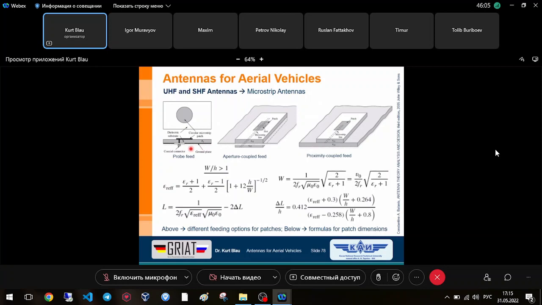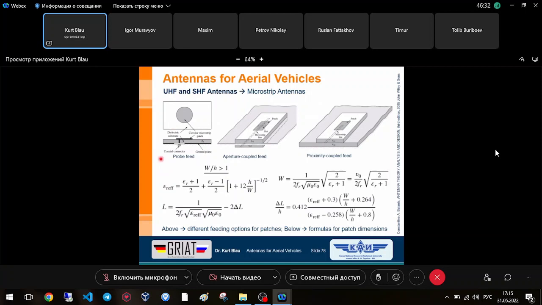It means the resonant frequency of this antenna, or the center frequency of this antenna, changes only by changing the thickness of the substrate. Changing the thickness, changing the relative permittivity here, and changing the dimensions.